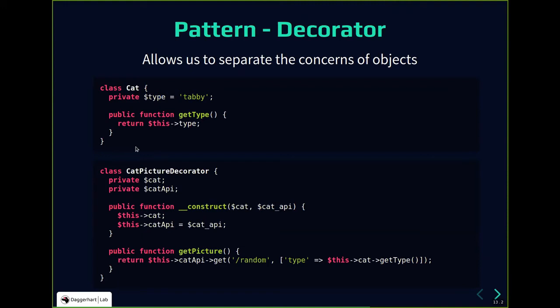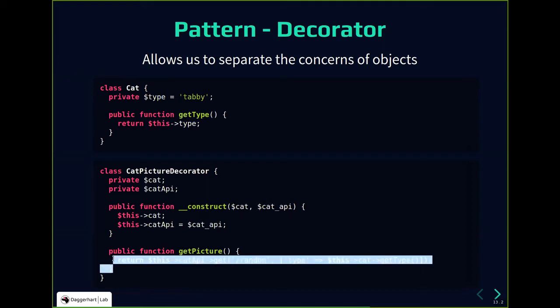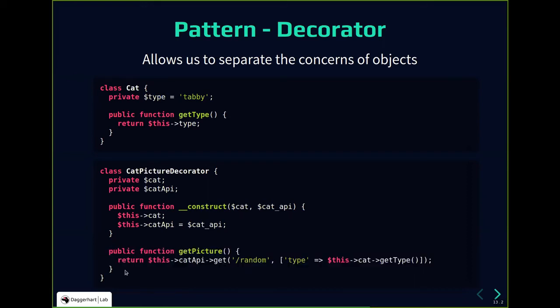The things it does, it should only do to itself, whereas reaching out to an API and all the different complicated parts that deal with that behavior, I would argue, are not the responsibility of this cat data model. The cat should know about itself. Maybe it can sleep in the sun, but otherwise it can't go fetch cat pictures online. So we've extended the functionality across a business domain by using this decorator pattern.